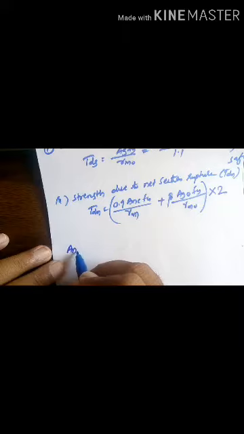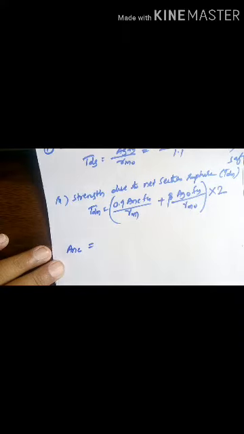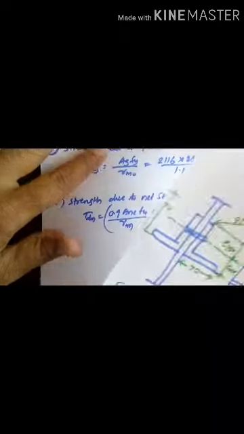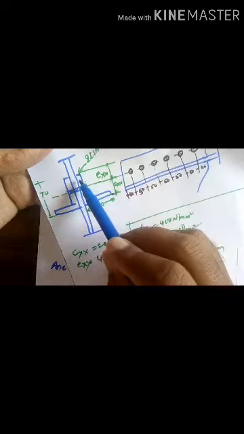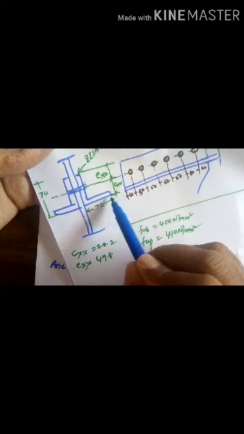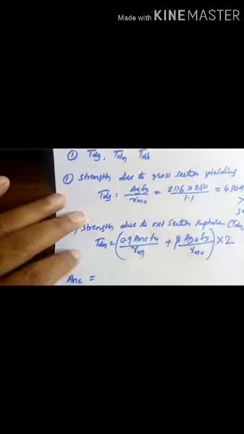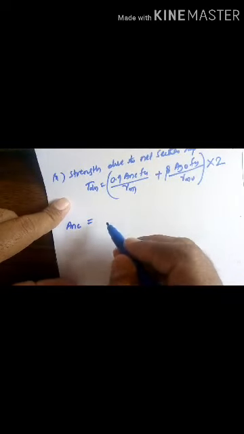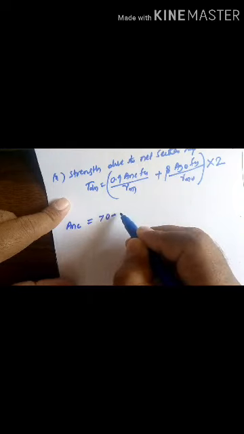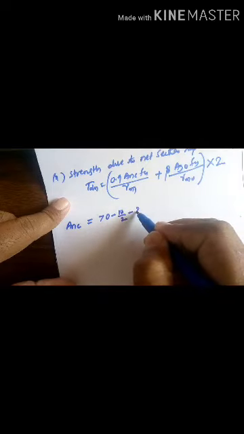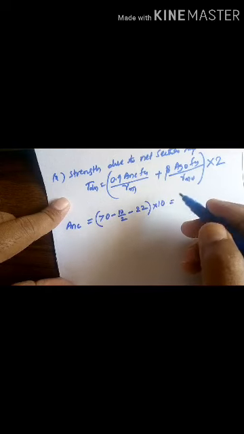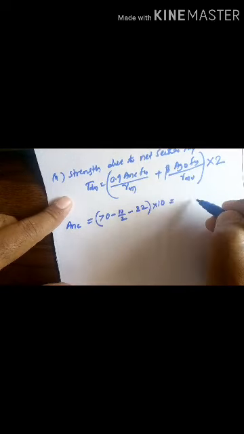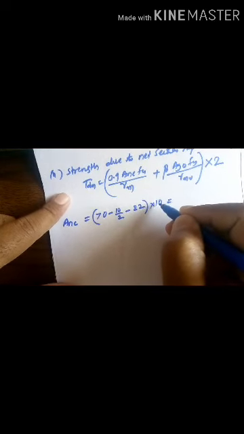Where Anc is the connected leg area. Here this is the outstanding leg and this is the connected leg. So the connected leg area Anc: we have a 70 mm leg, 70 minus thickness 10 by 2, minus 1 diameter of hole, into thickness, sorry, thickness as 8 mm.